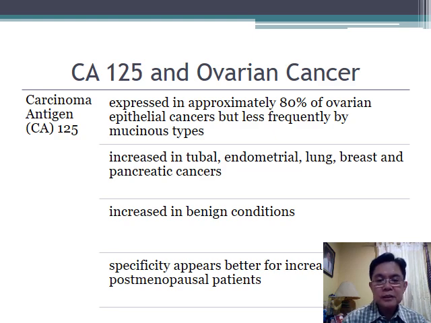So the specificity of requesting CA125 appears to be better in postmenopausal patients, basically because the benign conditions that we mention here are usually not found anymore in postmenopausal women.